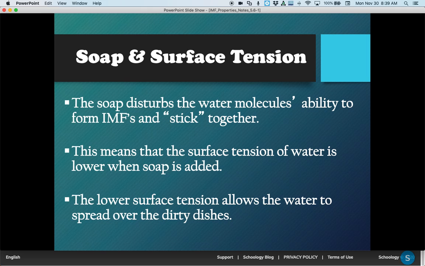All the little nooks and crannies in your hands and little skin folds and stuff, it allows that water to get in there and actually flush everything out. Or as I wrote here, looking at your dirty dishes, be able to cover and really clean off that entire plate.